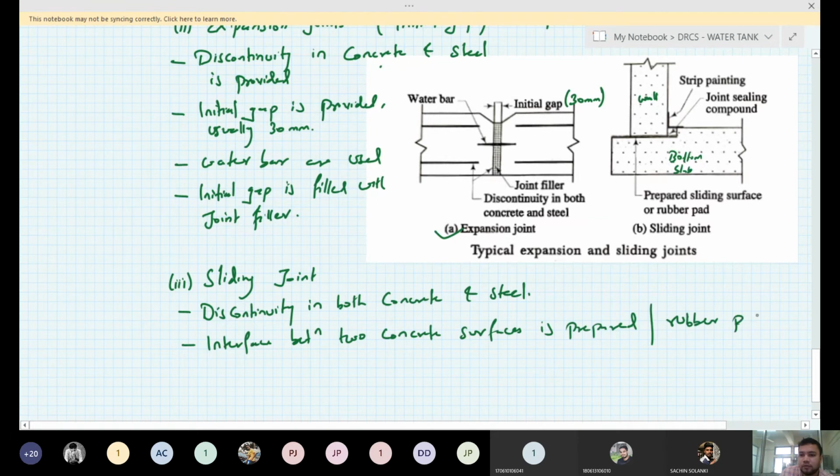So this will allow the sliding of this wall. So this wall can now slide.